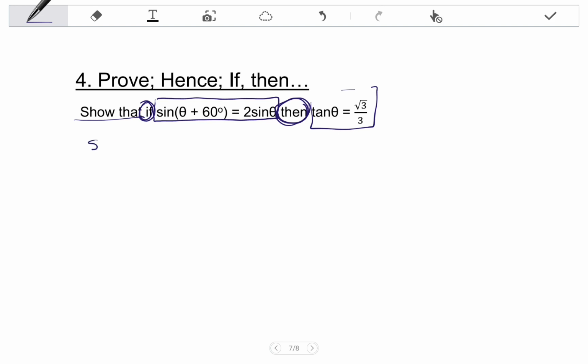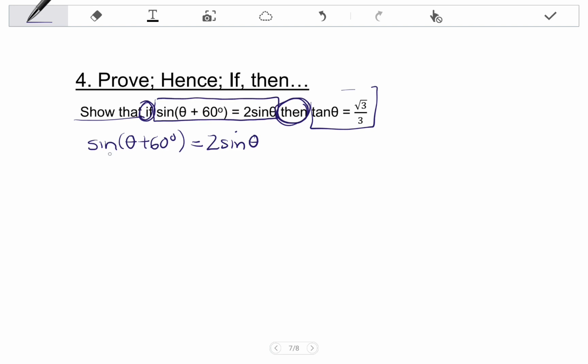So we start off with the if. So if sine of theta plus 60 degrees equals 2 sine theta, we need to work with this, simplifying as much as we can to show that we get the then part. Okay, so if we look at this, I've got sine of theta plus 60. It's a compound angle formula. We can try expand it and see what happens.